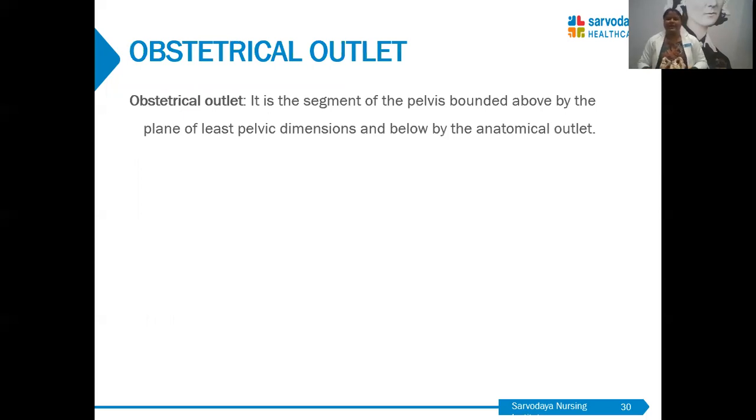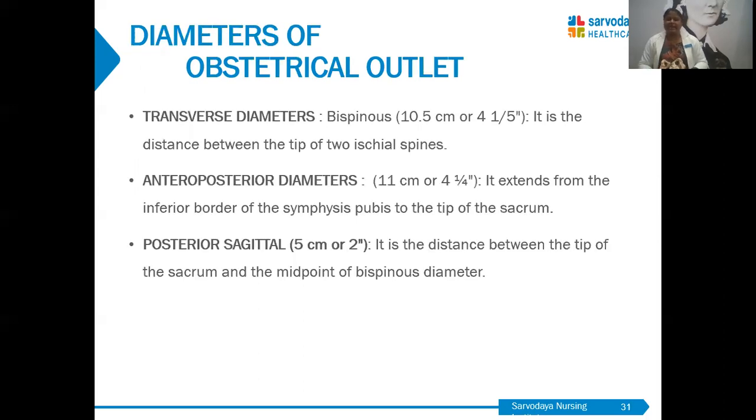Obstetric outlet is the segment of the pelvis bounded above by the plane of least pelvic dimensions and below by the anatomical outlet. The diameters of the obstetric outlet, as we have discussed, are 3: transverse diameter, anterior posterior diameter and posterior sagittal. Transverse diameter, between the two ischial spines.